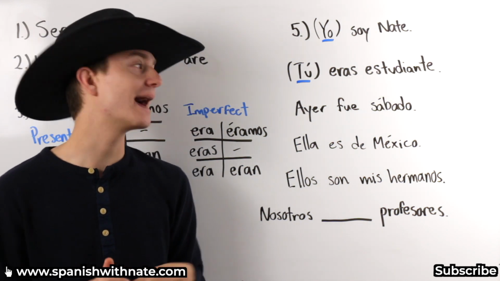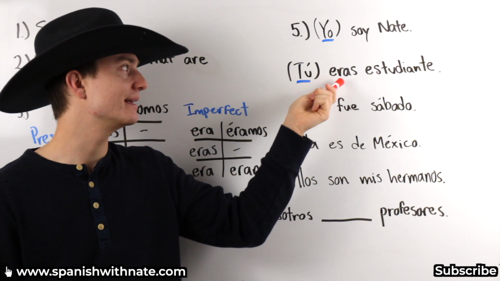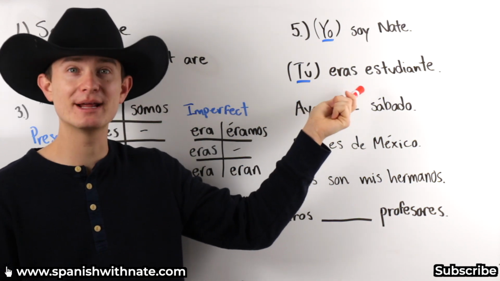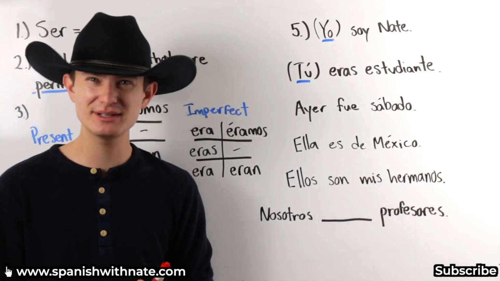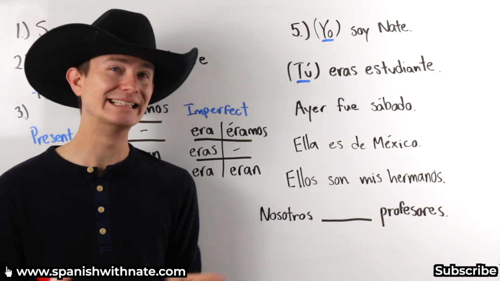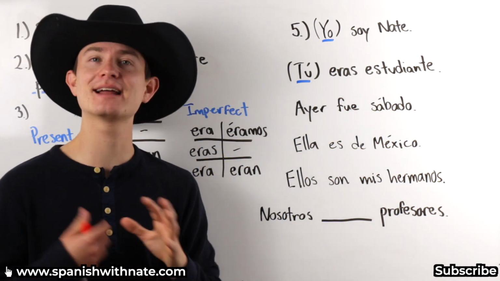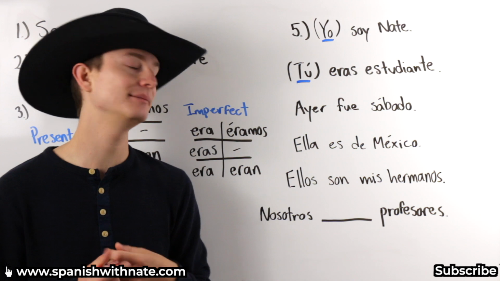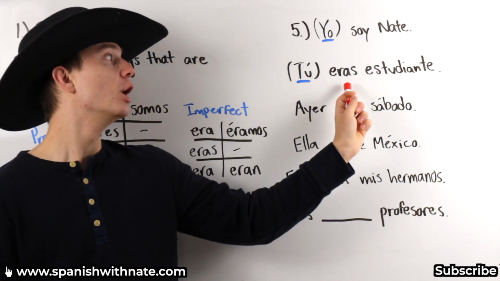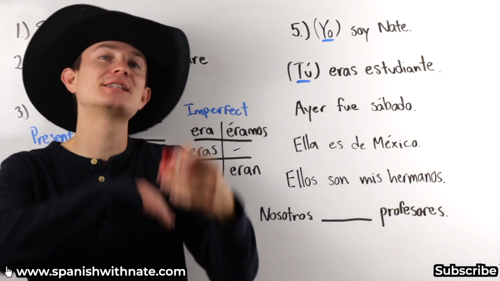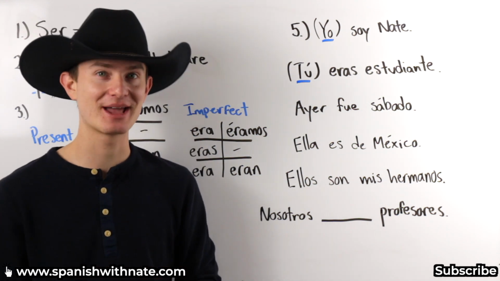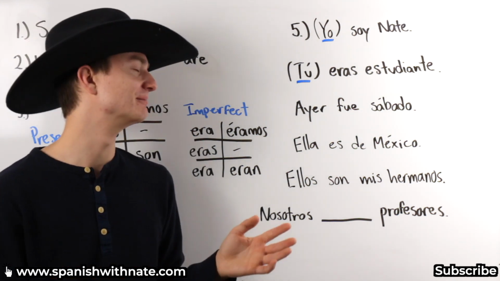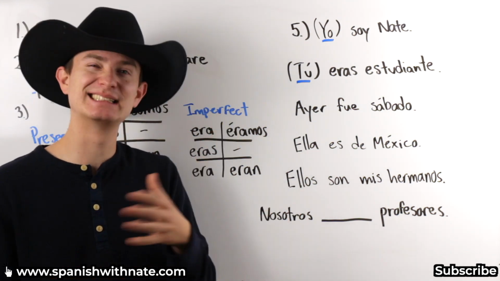So how could it be that this was permanent, but now you're not a student? This is where it kind of gets a little funny. It's kind of like this ugly gray area. But the idea here is that when you were a student, that was something that was continually going on. Kind of weird, but that's kind of how it works.